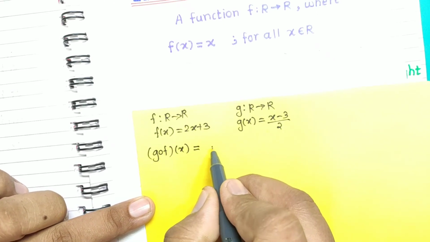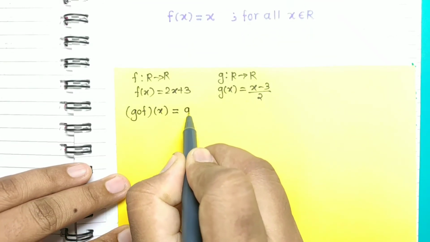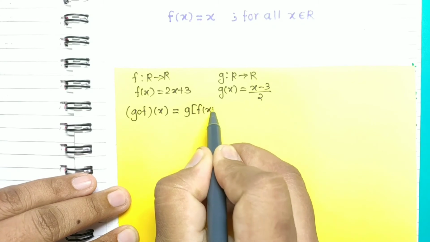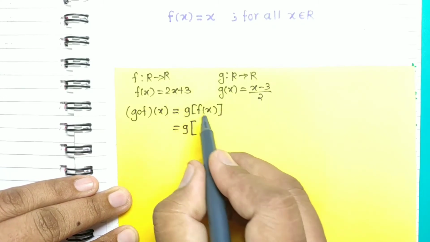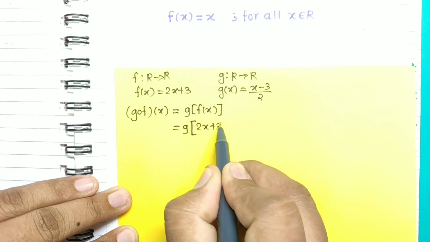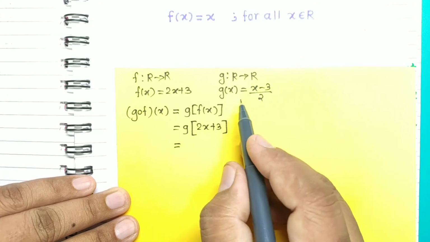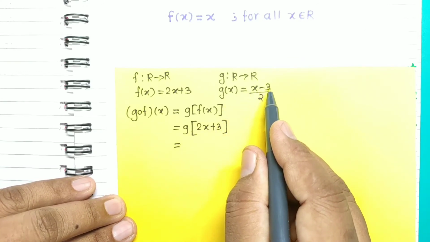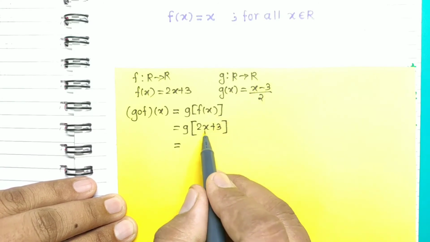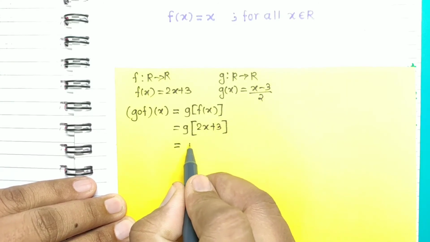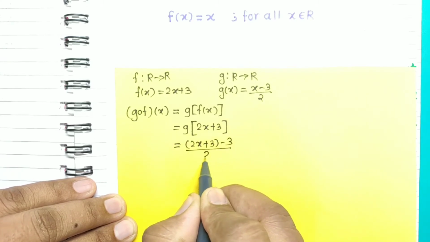So let's find gof of x. This is nothing but g of f of x. We have f of x as 2x plus 3, and so g of 2x plus 3 is, since g of x is equal to x minus 3 by 2, you put for x 2x plus 3, so this is 2x plus 3 minus 3 upon 2.